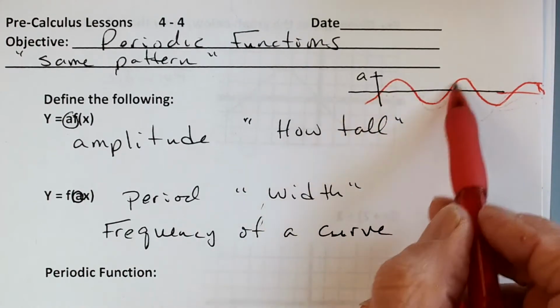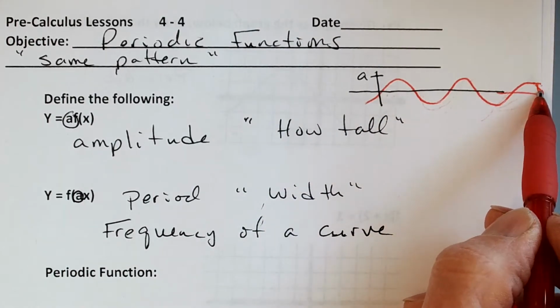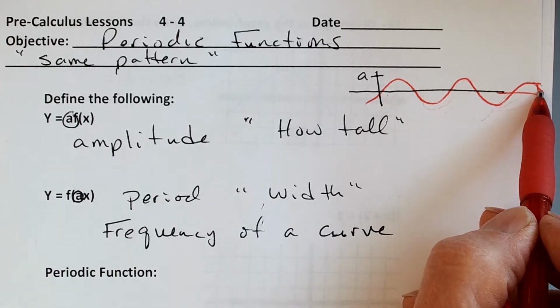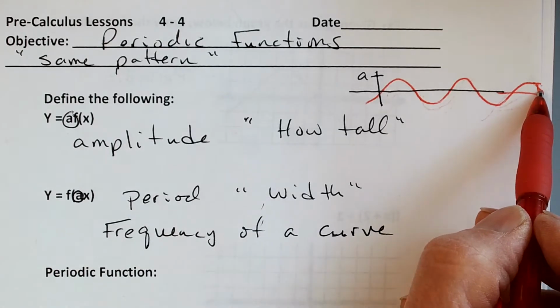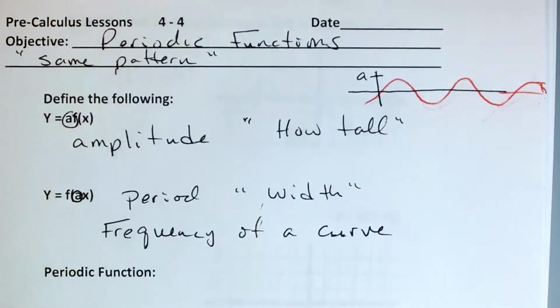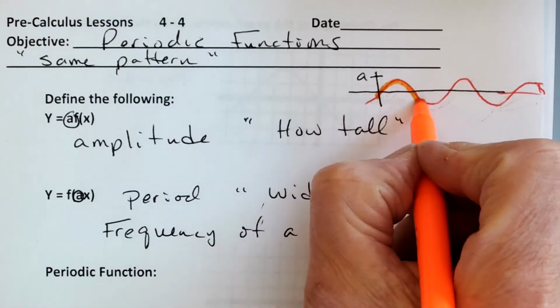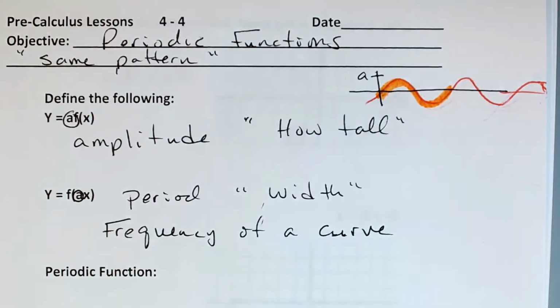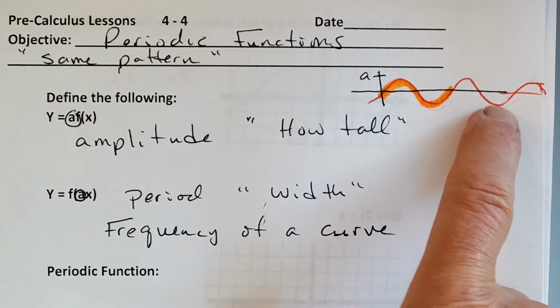I've got 2 curves, 1, 2. That's my frequency because I see 2 of them. You guys okay with that? Frequency just means how many. But the width of one curve is its period. How wide is one curve? In music, or in sound, they talk about frequency. If I have a really low frequency, it's a long wave. A really high frequency, it's a really short wave. All of this actually applies quite a bit to music and electronics.